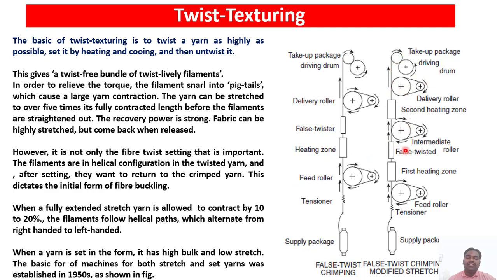So from this we can see that there are two heating elements before the final delivery. That is, the first heating zone is in between the feed roller and intermediate roller, and in between that the false twisting happens, and after the intermediate roller there is another heat setting zone in between the intermediate zone and delivery rollers.